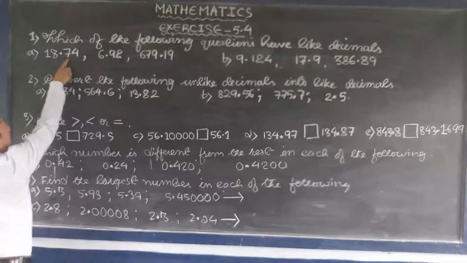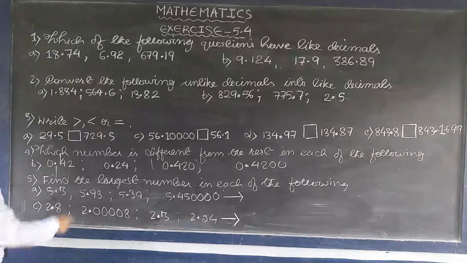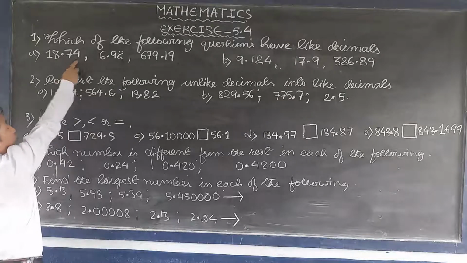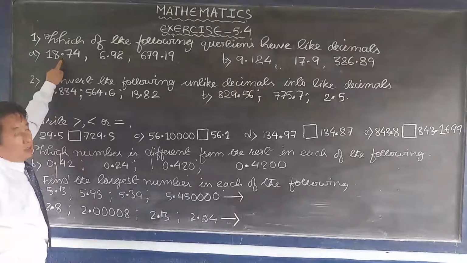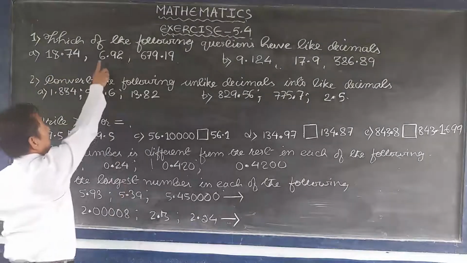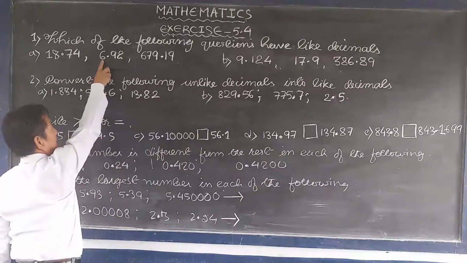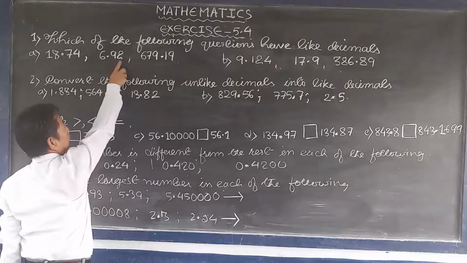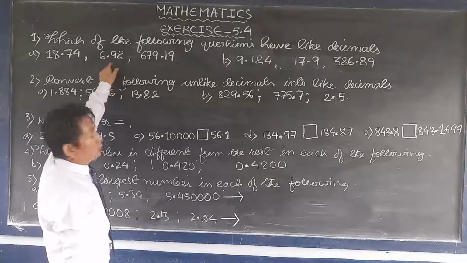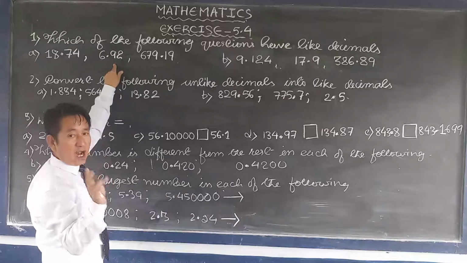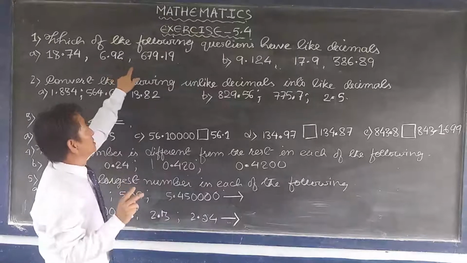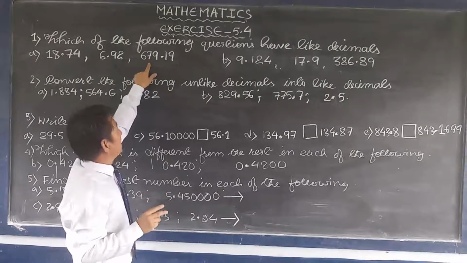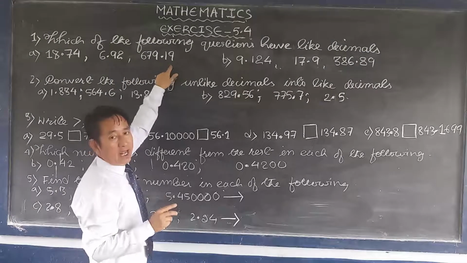18.74: 1, 2, two digits after the decimal point, or 2 places. Here, this is the whole number, 6.92. Here also 2 digits after the decimal point, 1, 2. 679.19.